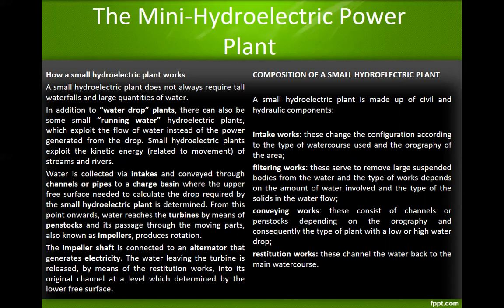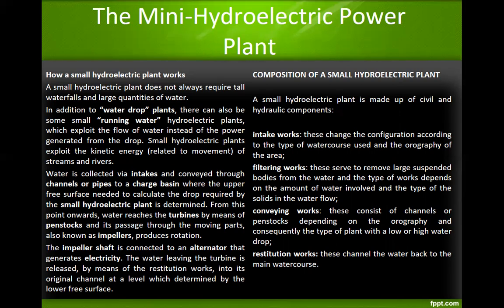Only. The small hydroelectric plant exploits the kinetic energy related to movement of streams and rivers. Water is collected via intakes and conveyed to channels or pipes to a charge basin where the upper free surface needed to calculate the drop required by the small hydroelectric plant is determined.